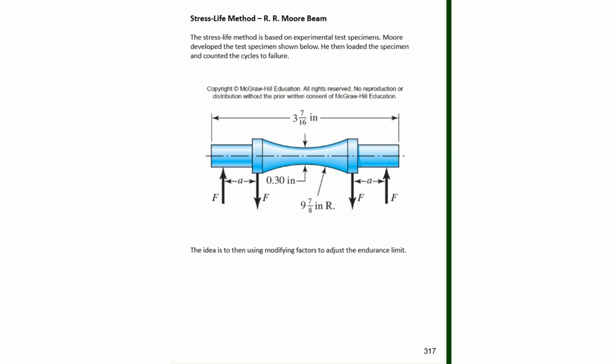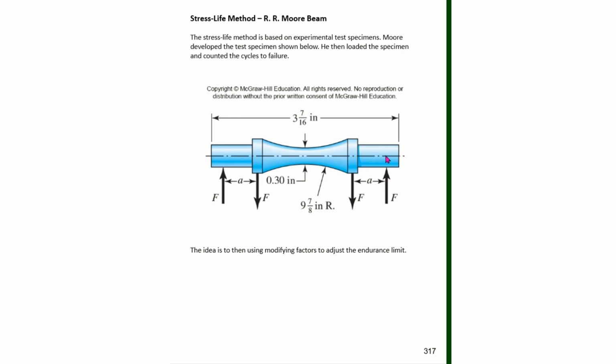So what happened is Moore took a round rotating specimen and he measured how long it took to have the specimen fail in fatigue. So in this method, Moore took this beam and polished this surface right here, and carefully machined it to a very precise size.